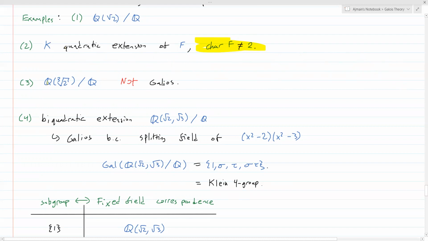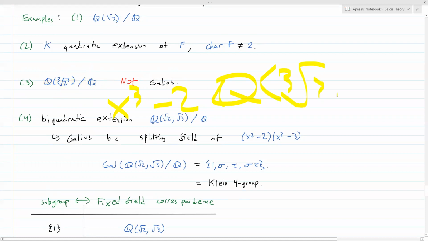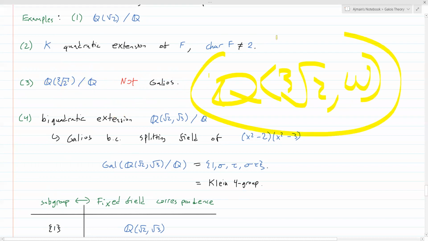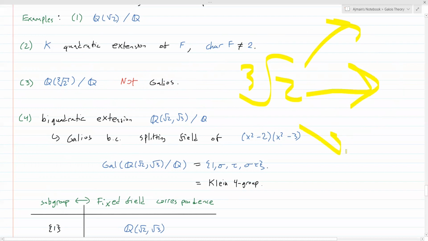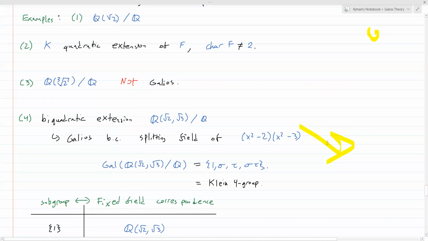Now, cubic extensions. This is not a Galois extension, like I keep saying. Q adjoin cube root of 2 is not Galois because you only have the identity automorphism, which is not the degree of this extension. The splitting field of x cubed minus 2 is actually Q adjoin cube root of 2 adjoin omega. And in this case, this is a Galois extension because you can send cube root of 2 to 3 different possibilities, the other roots: cube root of 2, omega cube root of 2, and omega squared cube root of 2.